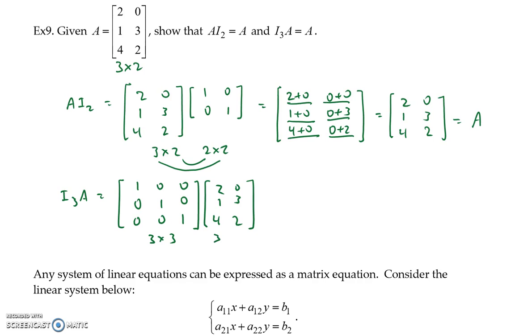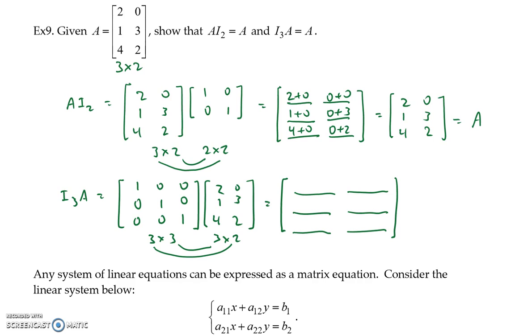A has 3 rows and 2 columns. The inner numbers match. The outer numbers give us the order of the resulting matrix, which should be the same as A, and indeed we get a 3 by 2. So again, let's fill in the blanks and see what we get.